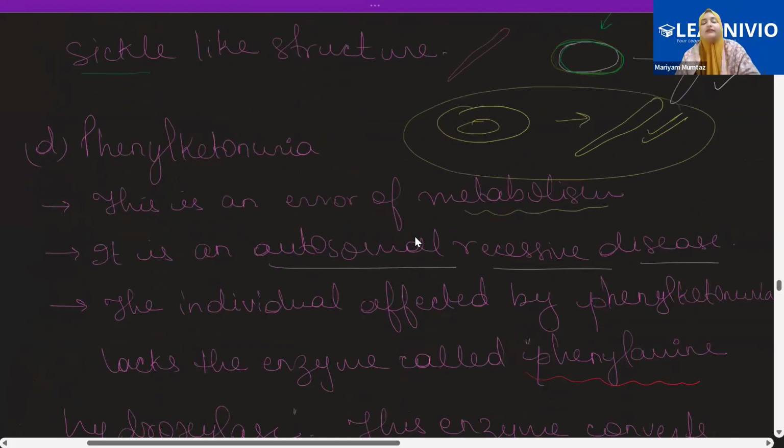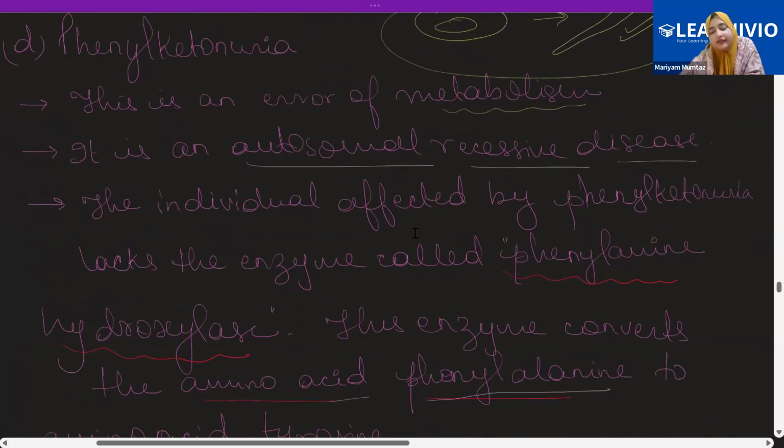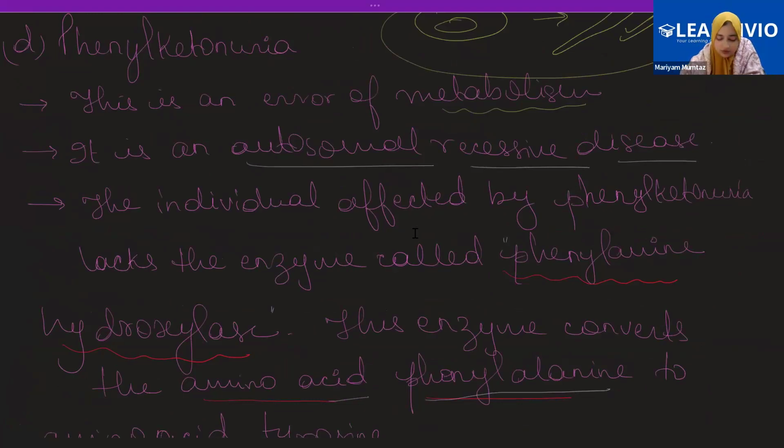Then next, we have phenylketonuria. Now, phenylketonuria is an inborn error of metabolism. Again autosomal in nature, meaning body chromosomes are involved, and a recessive disorder. Now, the individual affected by phenylketonuria does not have the enzyme phenylalanine hydroxylase synthesized.